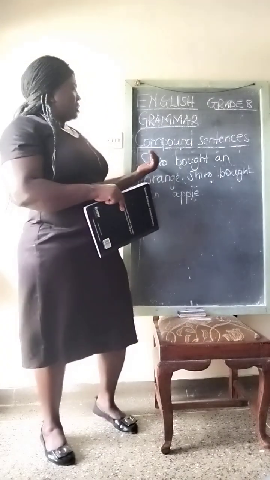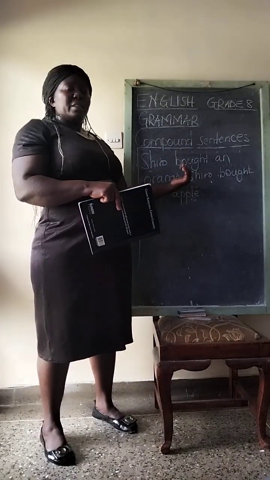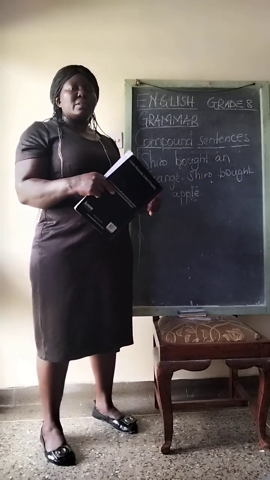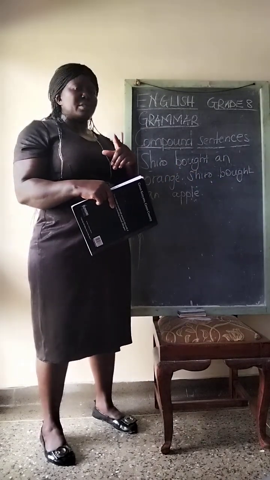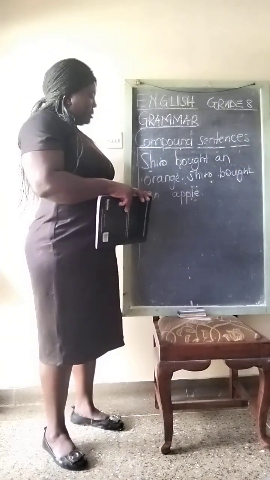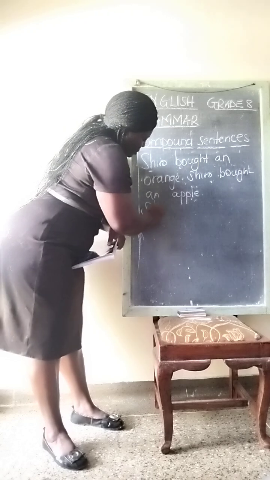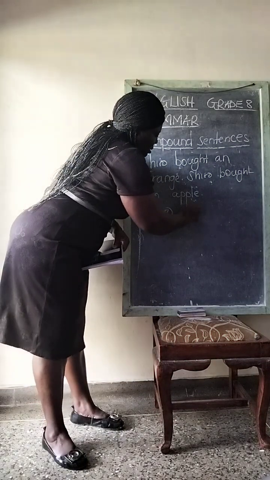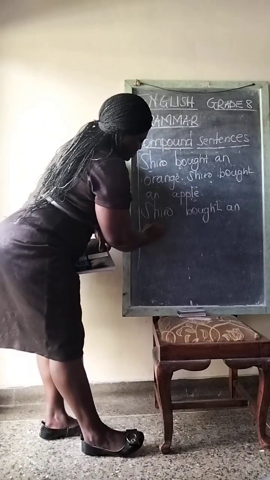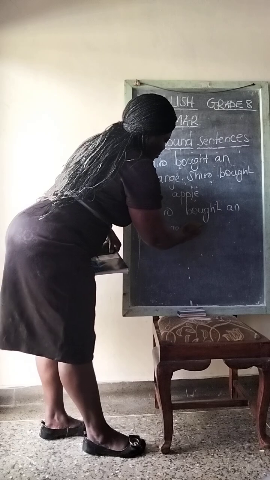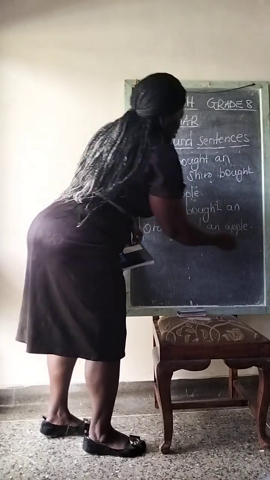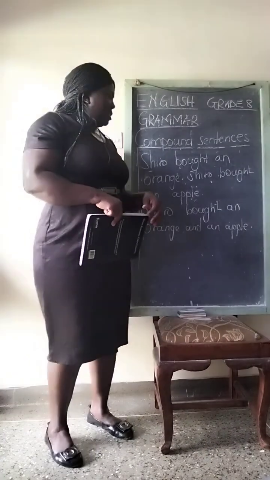The first one, Shiro bought an orange. The second one, Shiro bought an apple. When you join them together, can you now write this sentence as one? Write the two sentences now as one. It becomes, Shiro bought an orange and an apple.